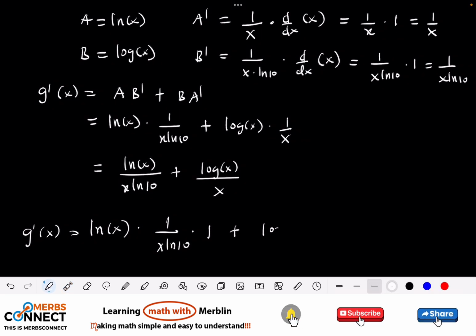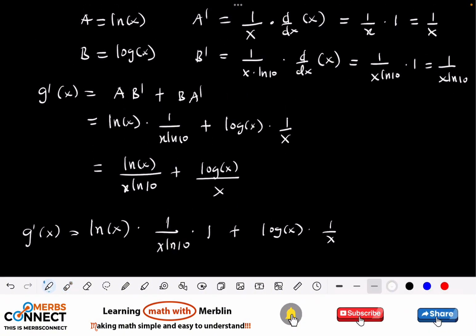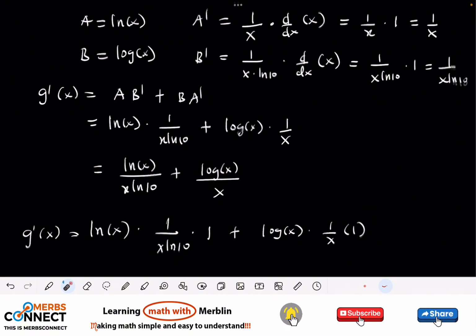Plus, now I maintain log x and differentiate ln x, which gives us 1 over x, times the derivative of what is inside the bracket, which is 1. When I simplify, I get the same thing, right? So that is the idea.